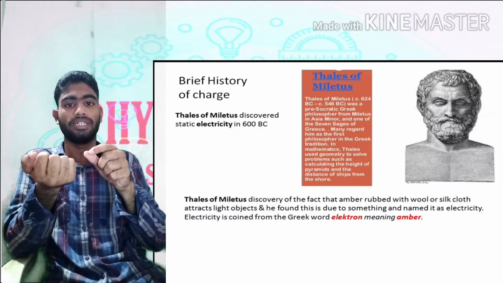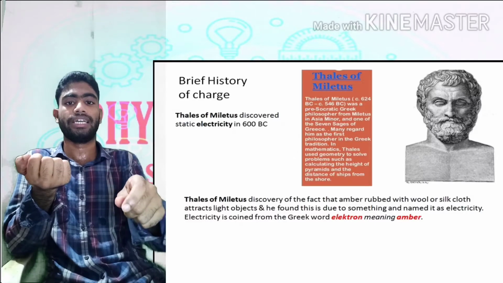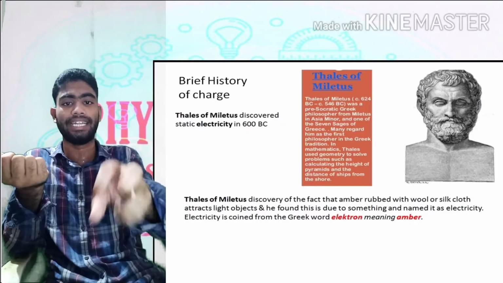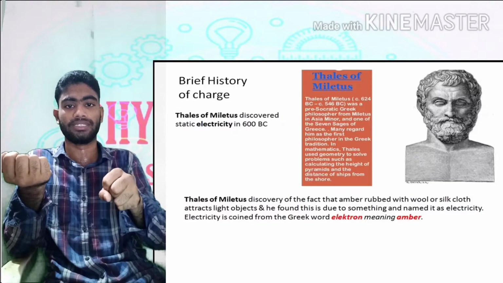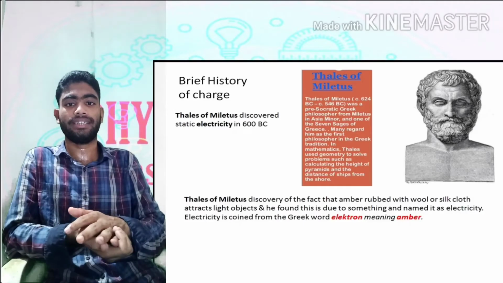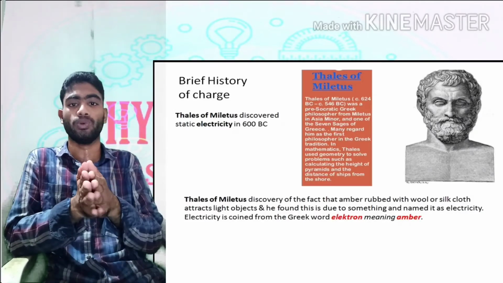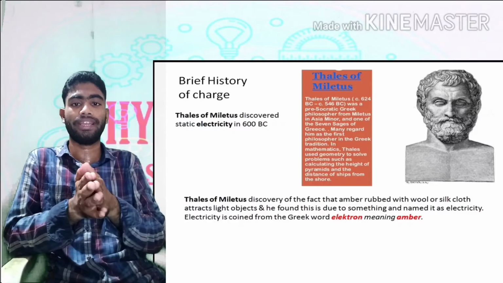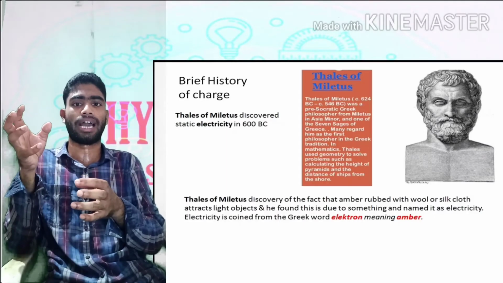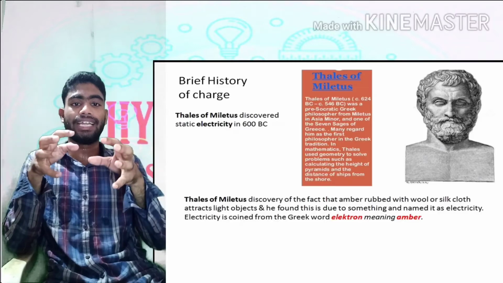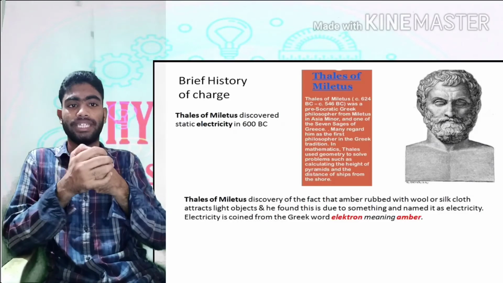When you put your amber near a small paper piece, it attracts the paper piece. So after rubbing, he found that the amber and the wool attract light objects.